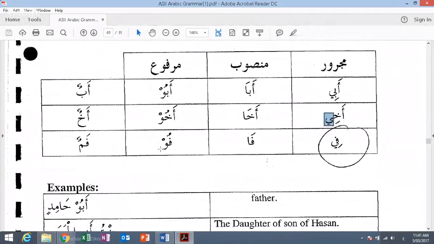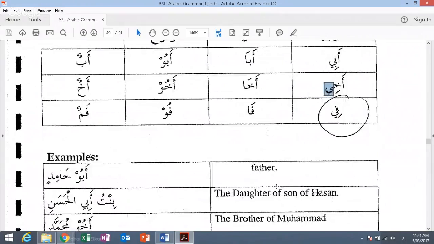And then for Famun, see the meme is gone. Only Fu, Fa, and Fi. This Fi sounds like the other Fi. The other Fi means in, but this is Fi. Okay, they're different. Mouth. Depends on the Arabic language.